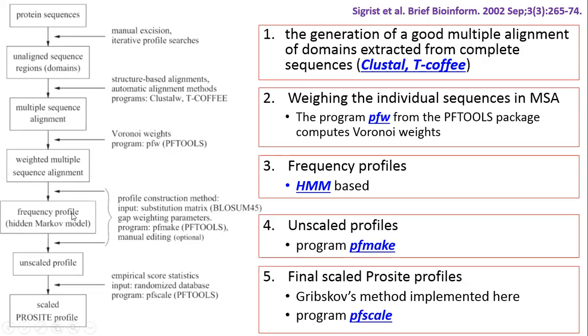Okay, so from this frequency profile, you would create an unscaled profile with a program called PFMAKE. Once you have got this unscaled profile, you would implement the original Gribskov curve method, which is implemented in a program called PFSCALE, and that would give rise to the final PROSITE profile that is now present in the PROSITE profile database as such.